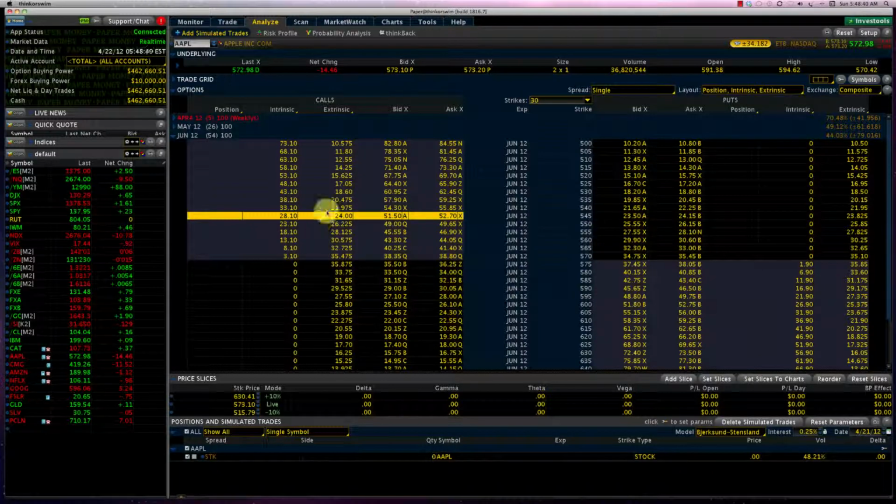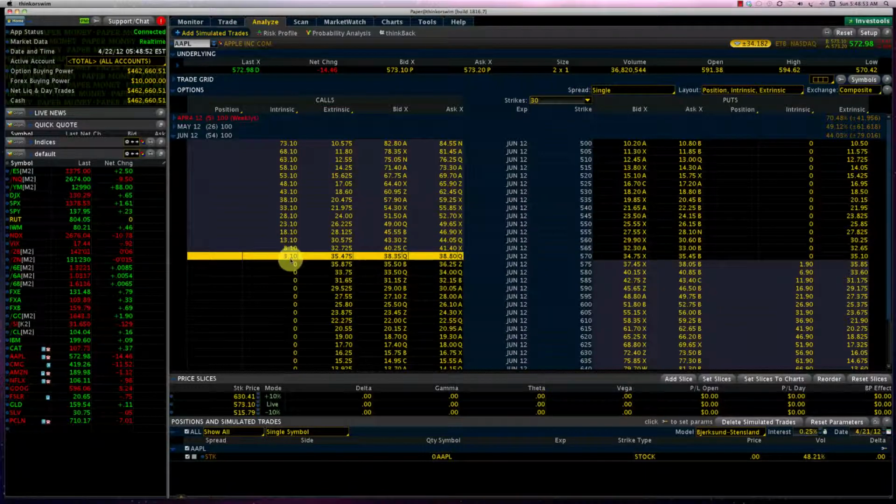Where the ambiguity, or where all these option pricing calculations come in, is to calculate the extrinsic value of the option. So if you look at a 570 call, it has an intrinsic value of $3 and an extrinsic value of $35. So even though this option is slightly in the money, you'll see that 90% of the value is all extrinsic value.